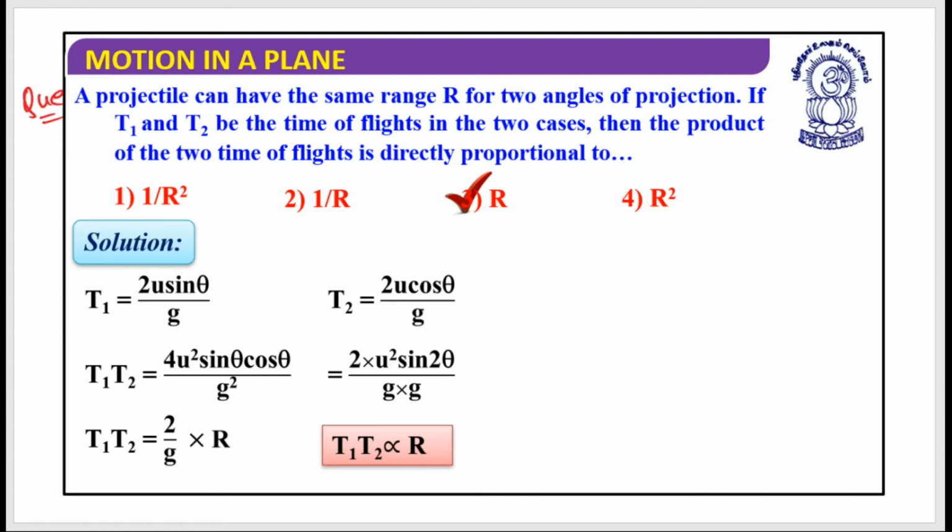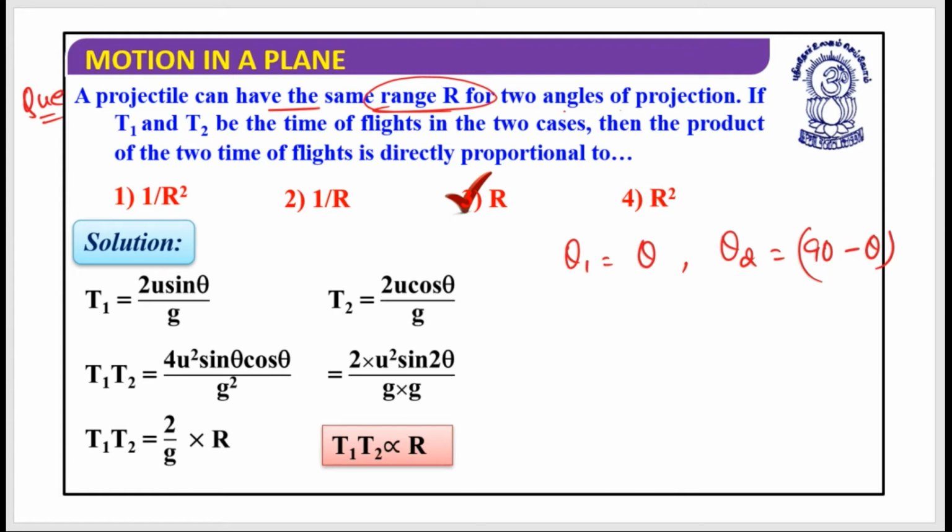Look at this. What is the question? It says a projectile can have the same range for two angles of projection. What does it mean? One object has been thrown with theta 1 equal to theta, while the other has theta 2, which is equal to 90 minus theta.